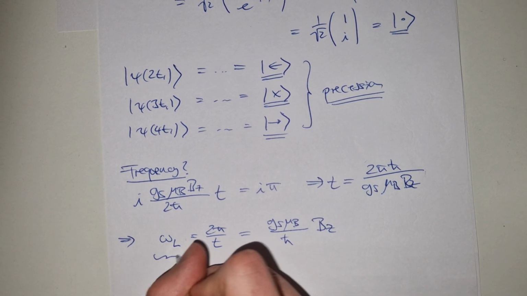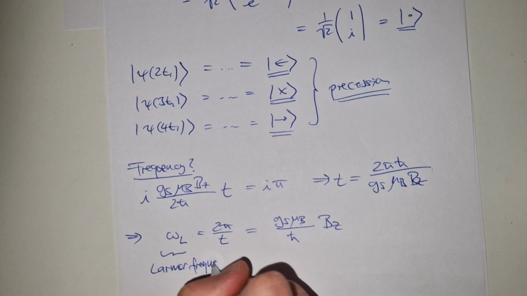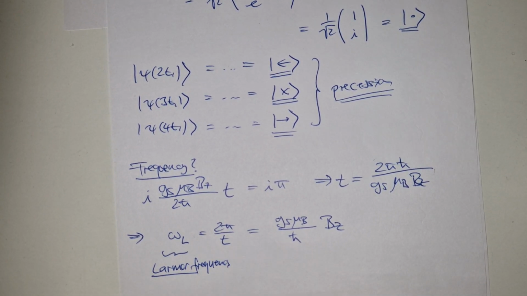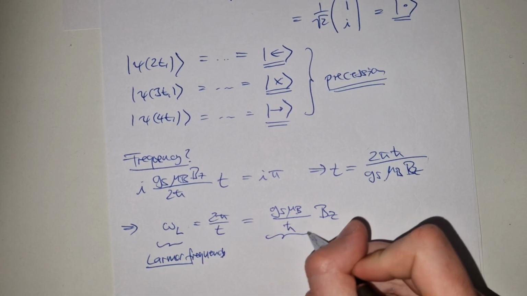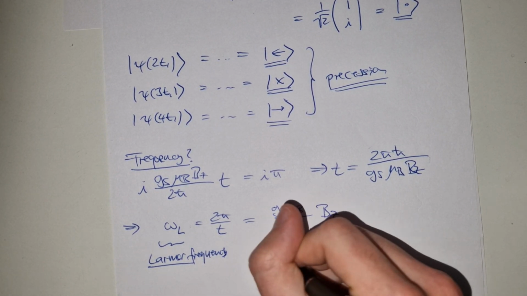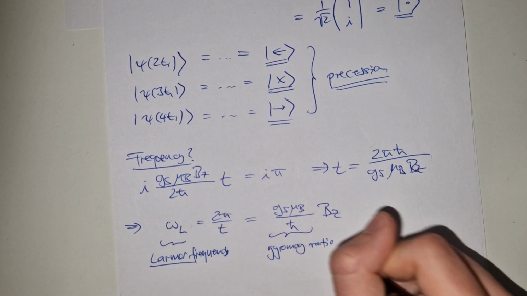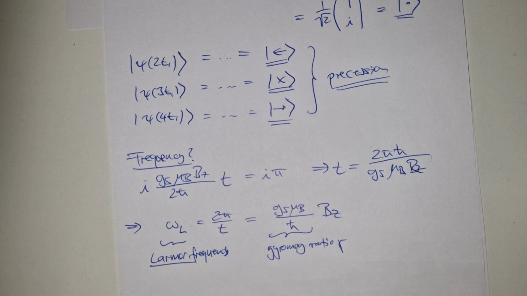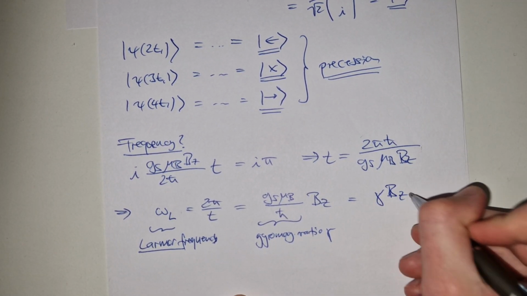So this is the so-called Larmor frequency of spin precessing in a magnetic field, and this is the so-called gyromagnetic ratio, which is often called gamma, so we can just write this frequency as gamma times magnetic field.